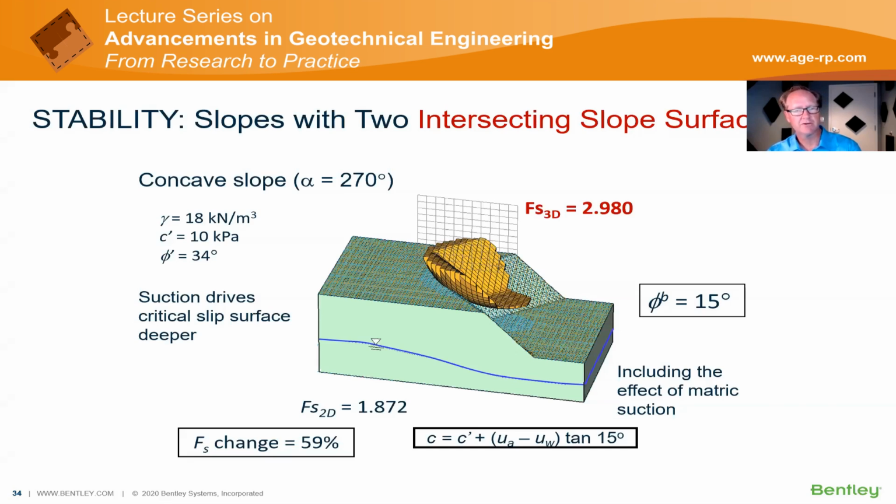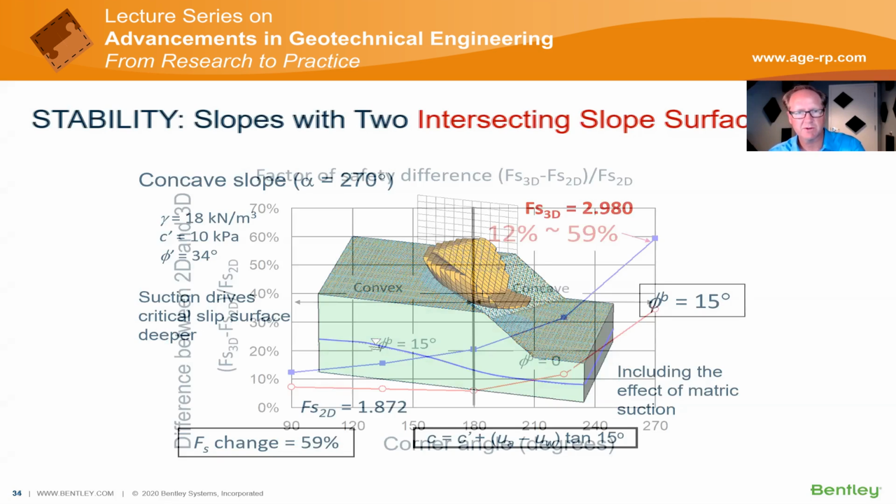You're getting into a range where you're looking at the combined effects of geometry and unsaturated soil mechanics, and you get quite a significant change between 2D and 3D. In this case, suction drives the critical slip surface deeper, which has to be remembered. So the differences can be quite significant.